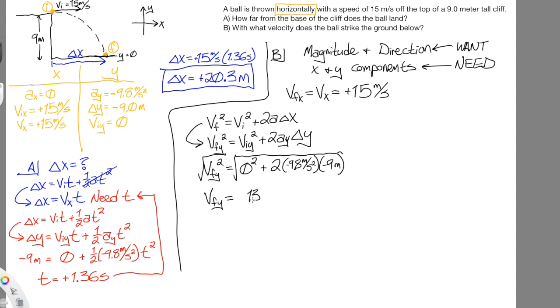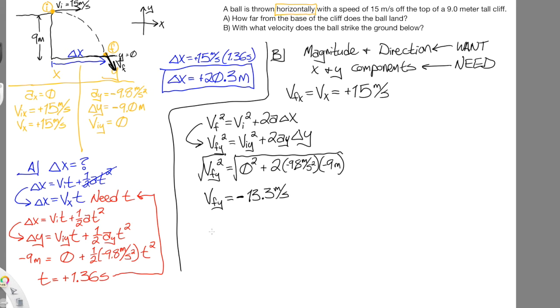The number we get out of here is 13.3 meters per second, and we expect this ball will be traveling downward. Getting a little messy up there, but there's the vector that corresponds to VF. So if the ball is traveling downward, that's going to be our negative y direction, and again, we decide that negative sign there.